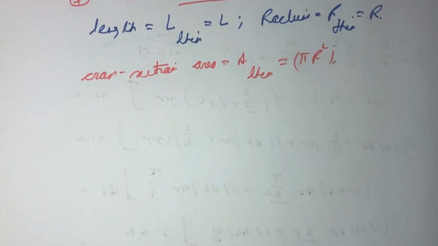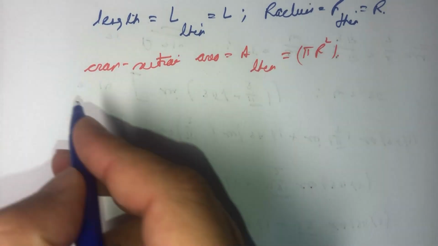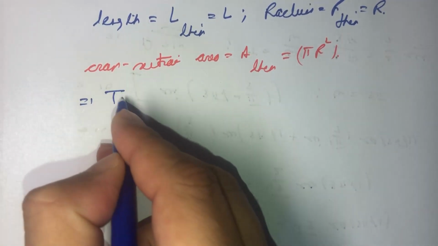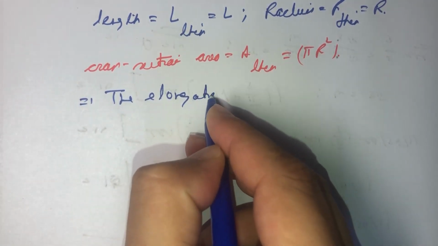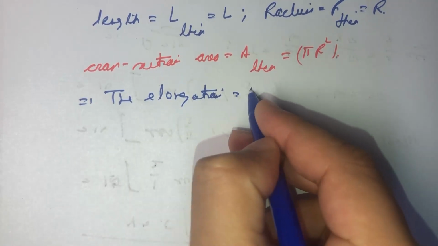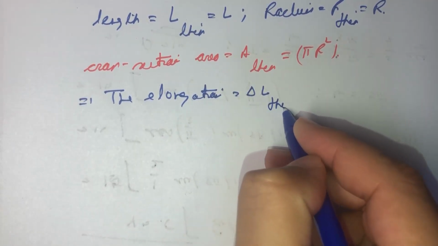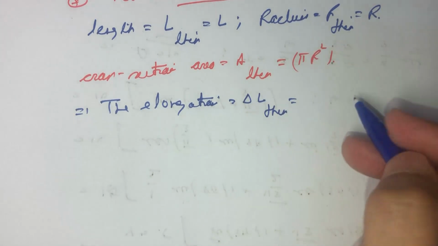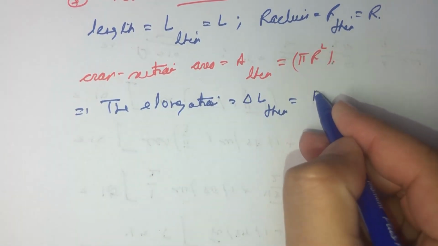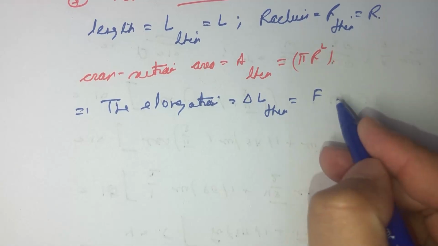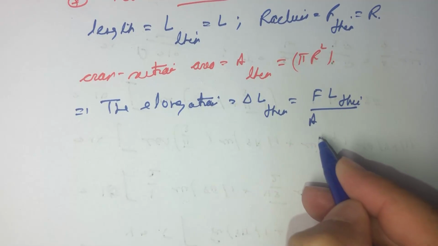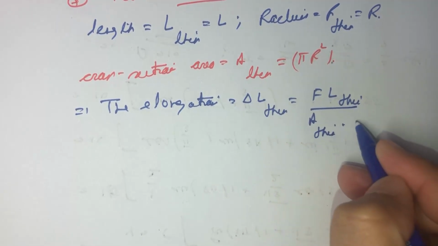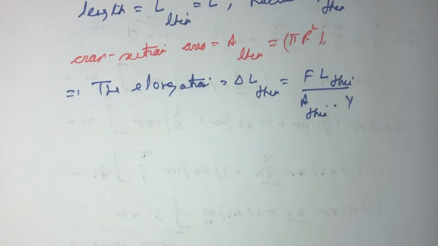Therefore, the elongation delta L thin will be equal to, we have value of force same in both the cases, this is L thin, we have area of cross section for the thin wire, and Y will be same.